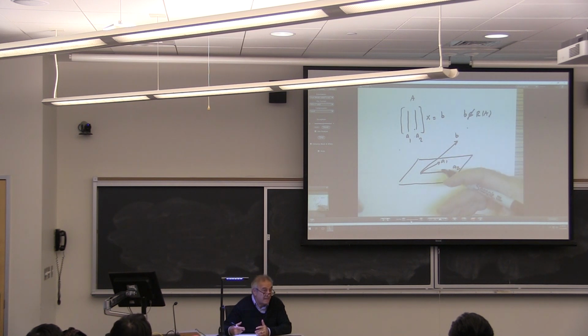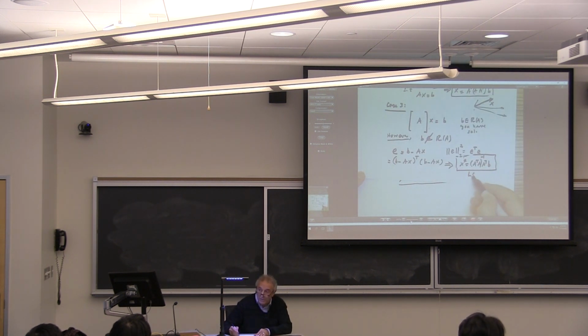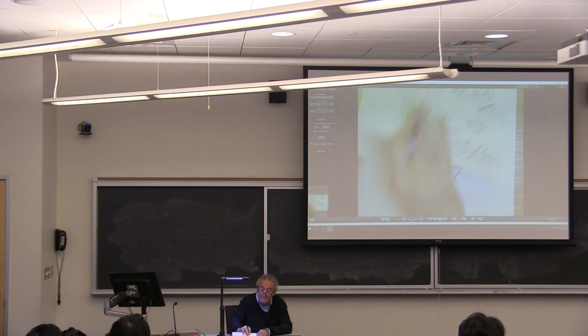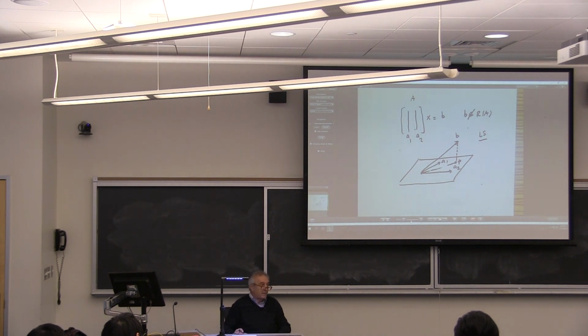Geometrically, this means that the least square solution, we call it the least square solution, is exactly this solution that I just described here. Least square solution means that you draw the projection of this B on this plane, so you find the projection point P. Is that clear? Now the projection point P is in the range space of A1 and A2.